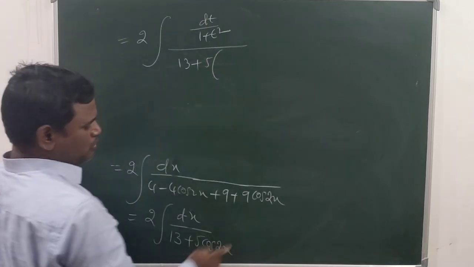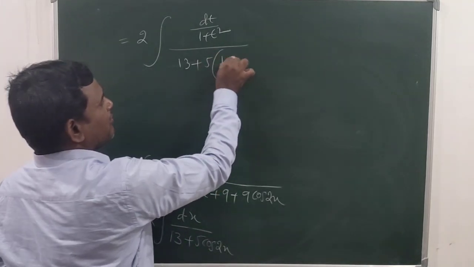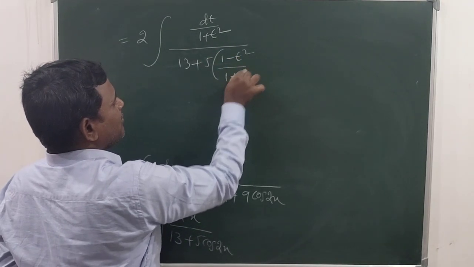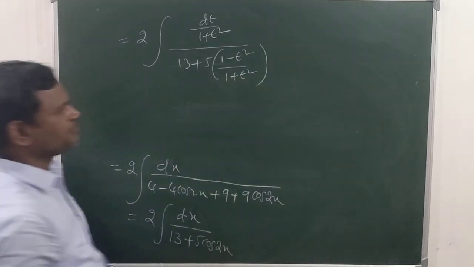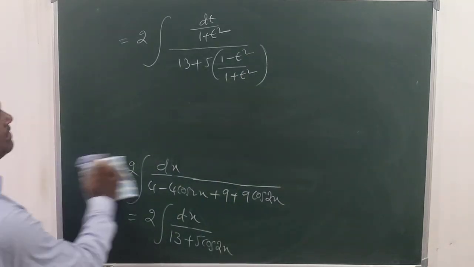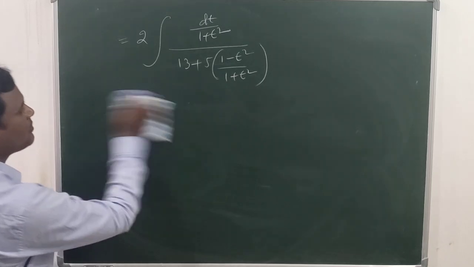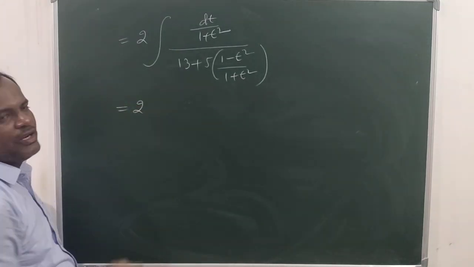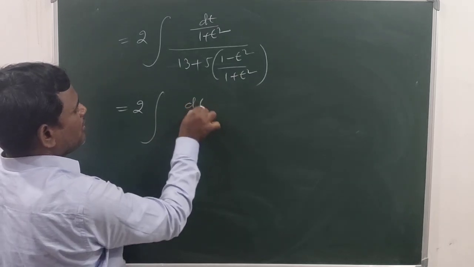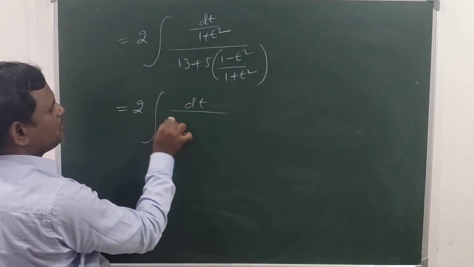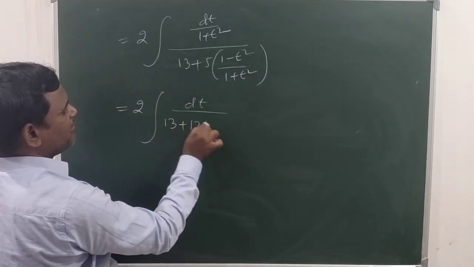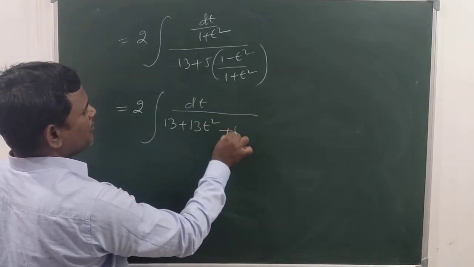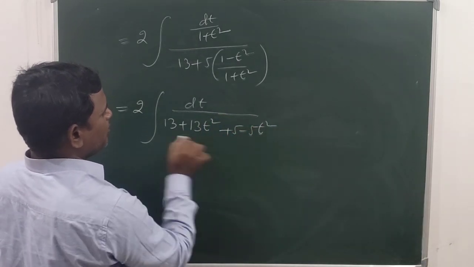Right. Now, 13 plus 5. In the place of cos 2x, what do you have to write? 1 minus t square by 1 plus t square. Okay? Right, simplify that. See, 2 into dt by 13 plus 13t square plus 5 minus 5t square, whole by 1 plus t square.